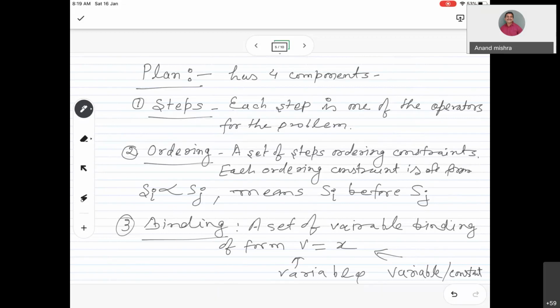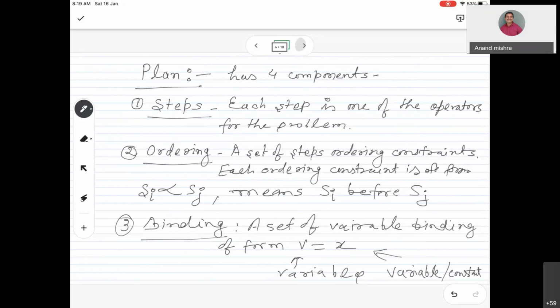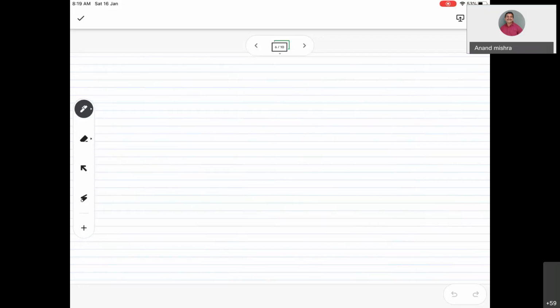And the fourth and important component is a set of causal links. What is a causal link?